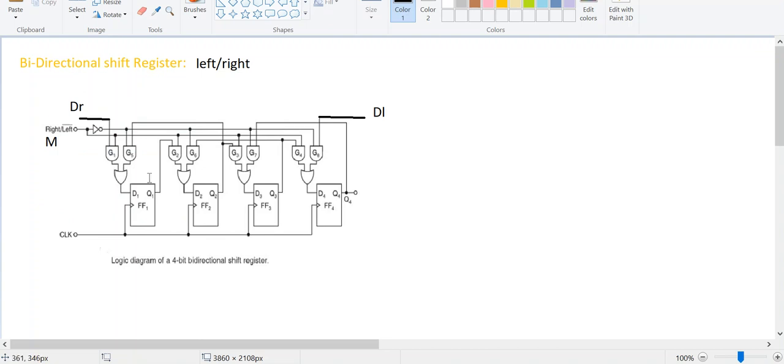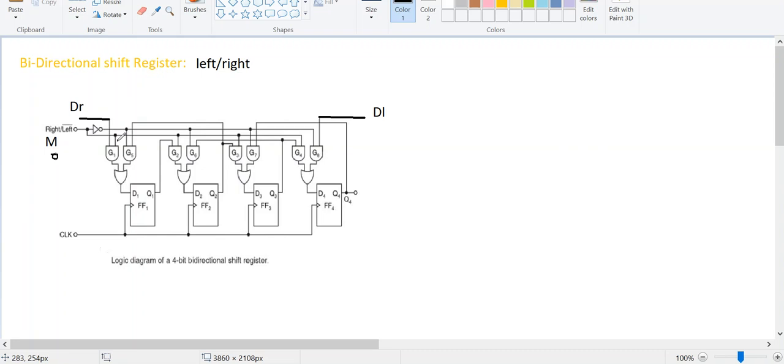So let us see, when M is equal to 0, what will happen? I will explain what type of shift is occurring. When M is equal to 0, if you check this circuit diagram, this M is 0 and it is moving in this particular direction.